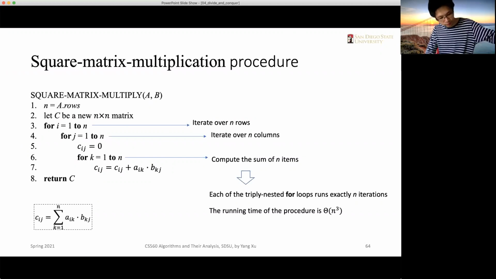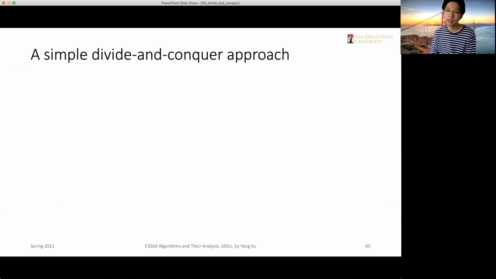So we will think about the problem from a divide and conquer angle. Let's see whether such a problem of multiplying two big matrices can be divided into some smaller subproblems.